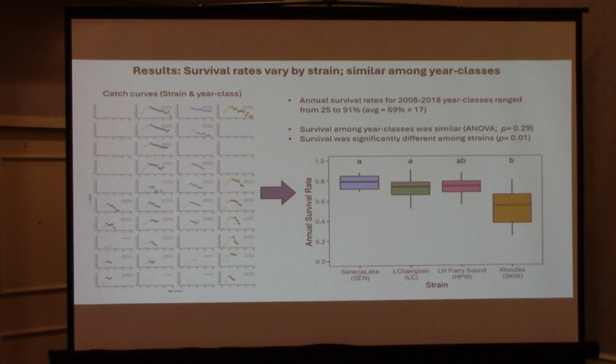Survival was similar among year classes. There was no significant difference there, but we did see a significant difference in survival among strains. So the Klondike Reef strain, shown here in yellow, had significantly lower survival compared to Seneca and Lake Champlain, and Huron Parry Sound was not significantly different from the others.